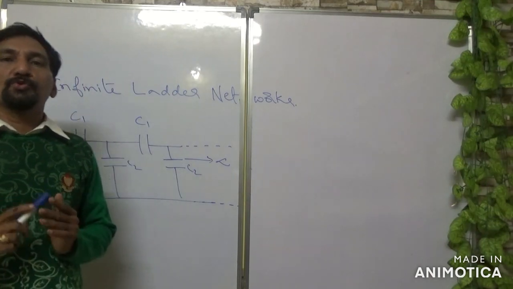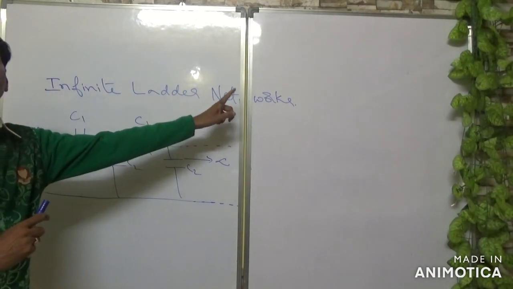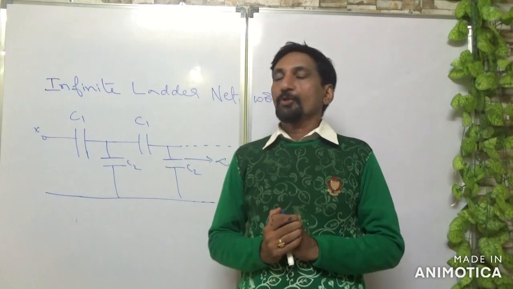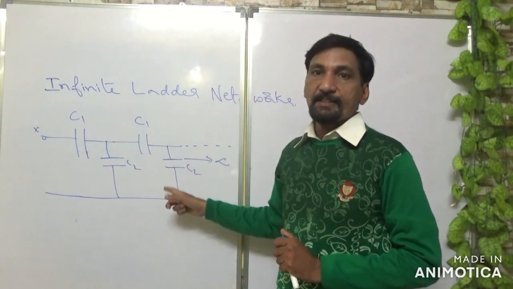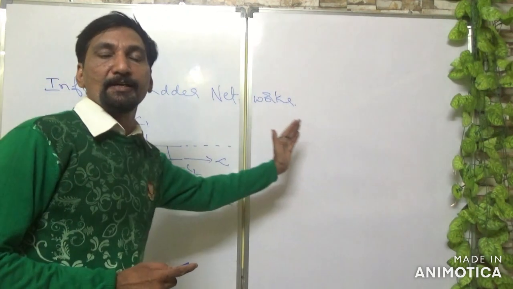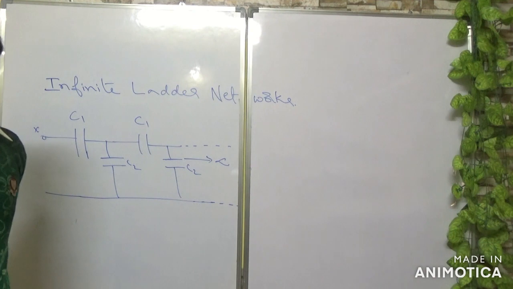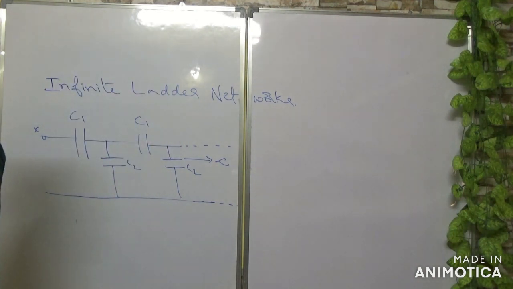We are going to solve a problem about an infinite ladder network. So what is an infinite ladder network? In this circuit, capacitors are connected in a repeated manner up to infinity. Such networks you call an infinite ladder network.